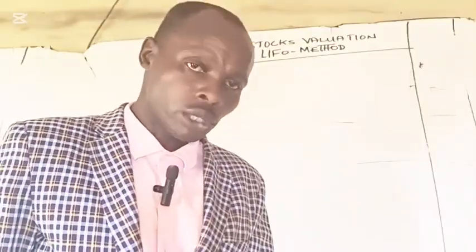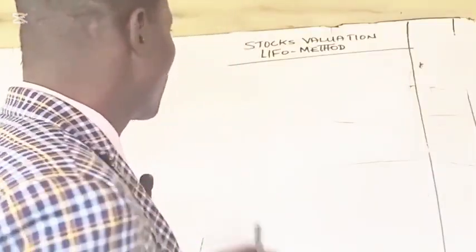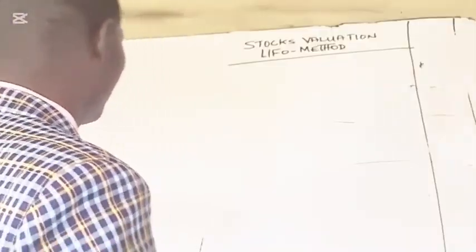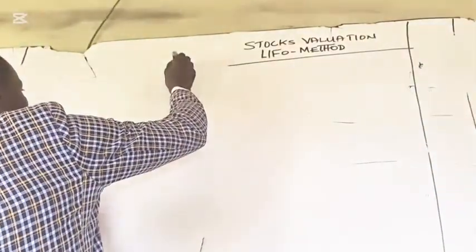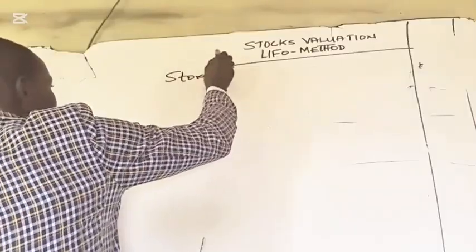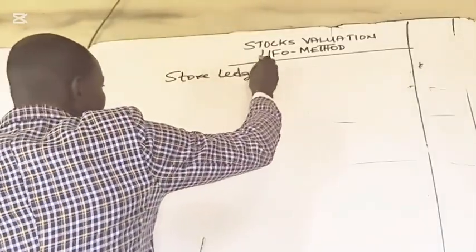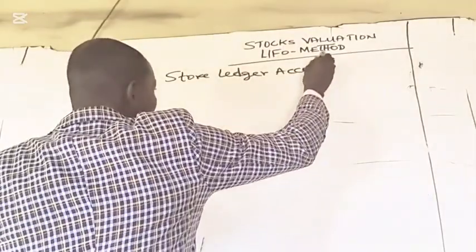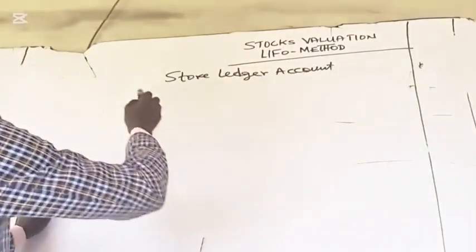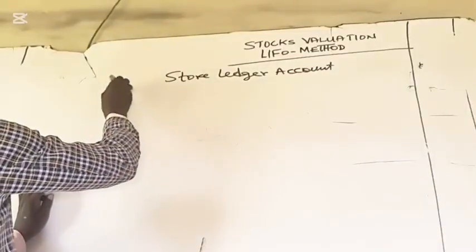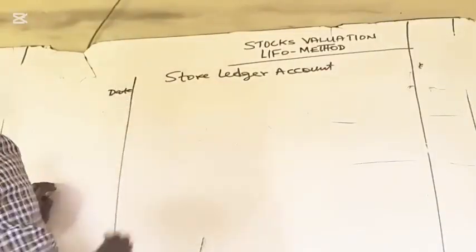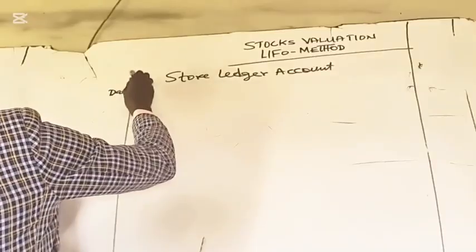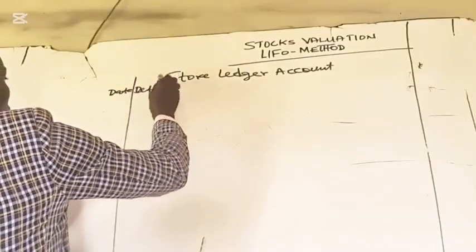Most exam questions involving the use of LIFO will ask you to calculate the value of closing inventory. To do that, you will need the store ledger account. In your store ledger account, you will have a column for date, then particulars or details.